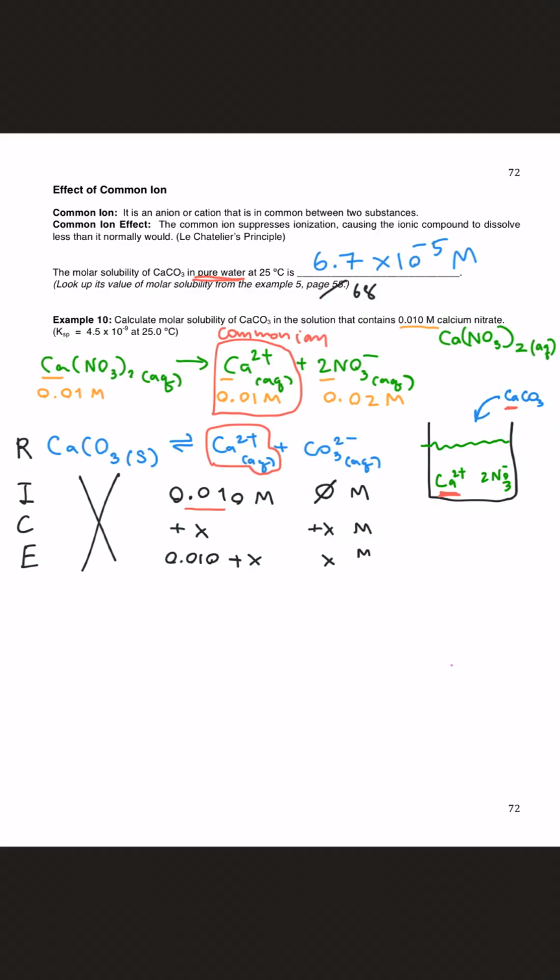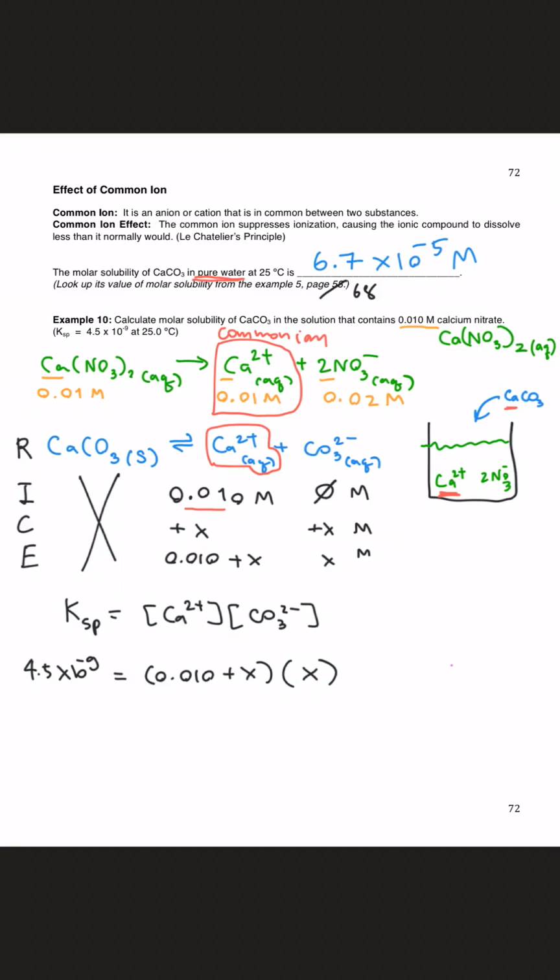So we will use Ksp, which is equal to the concentration of calcium ions multiplied by the carbonate ion, and plug in the given value of Ksp, which is 4.5 times 10 to the negative 9, equal to the concentration of calcium ion, which is 0.010 plus X, and for the carbonate it would be X. Now, if you distribute this X into the parentheses, you are going to end up getting 0.01X plus X squared.